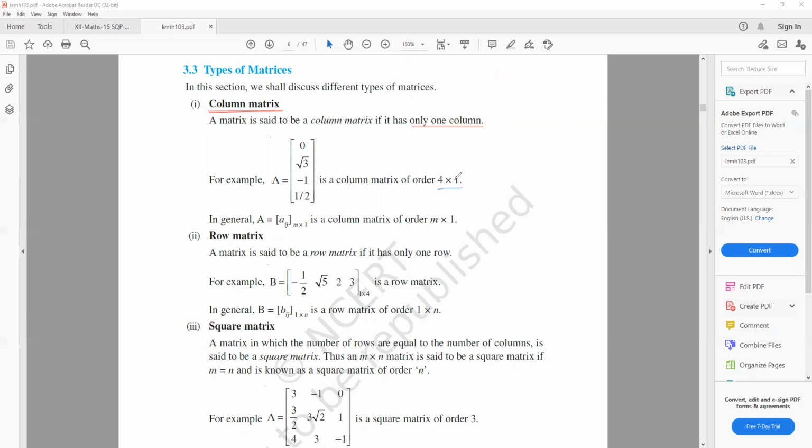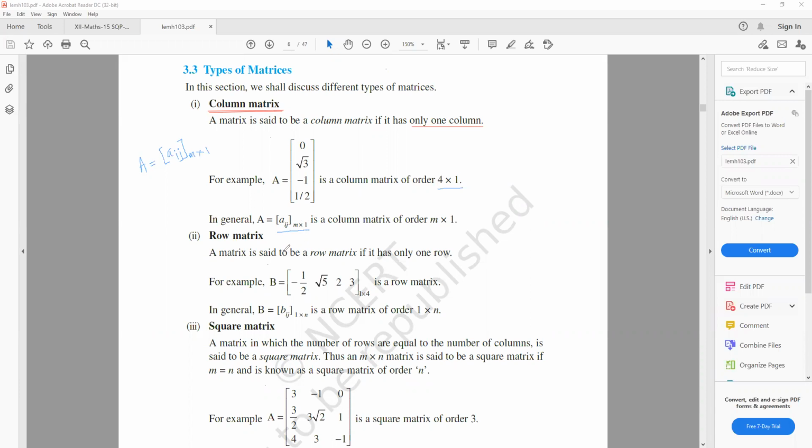Normally, generally we write it like this, aij. We always write a matrix in standard form: capital A equal to square brackets with aij inside. So aij denotes the general element in the ith row, jth column. So column only, so m rows and one column, so m by 1. This is a standard notation, just for you to understand.